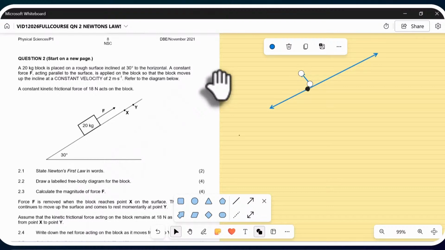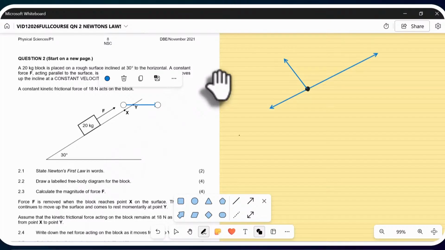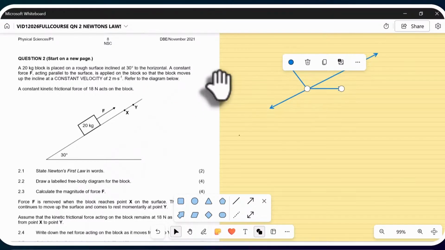Then it has weight because of the 20 kilograms. The weight is down here, that is Fg, which comes down like this. That is our free body diagram.